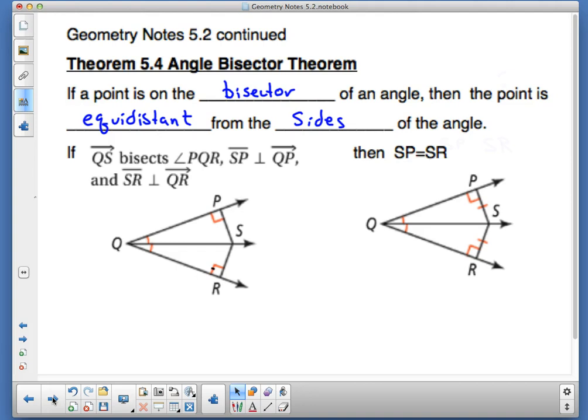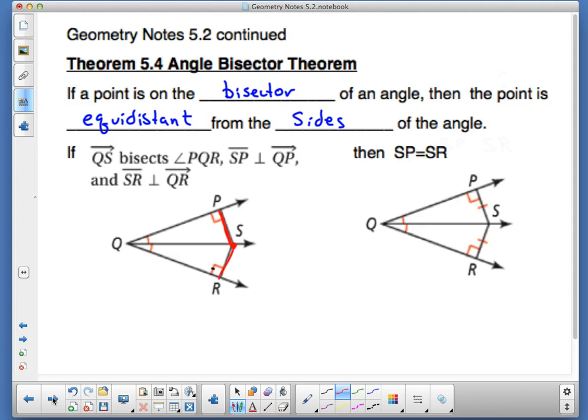So if I'm talking about point S, the shortest distance from point S to the side of the angle, QP, is that segment SP, which is perpendicular to the side. Okay, and that is true about S to R as well.